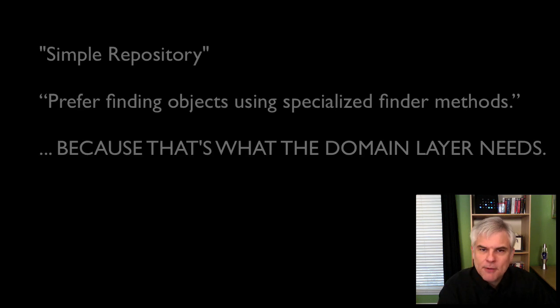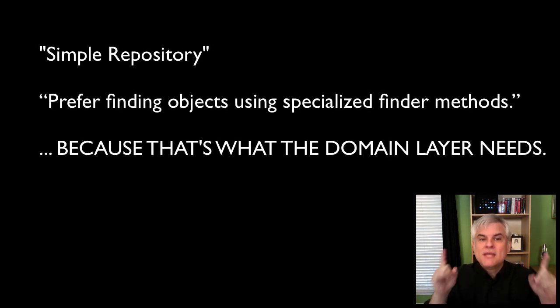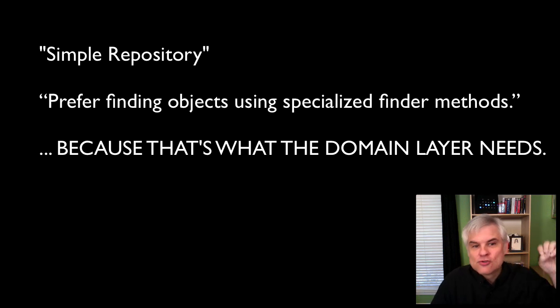In the simple repository, I'm creating specialized finder methods because that's what the domain layer needs, right? The simple repository allows the domain layer to drive the development of the system. If the domain layer client needs a repository to grab a specific set of domain objects from the data store, I'll create only that method, nothing more.